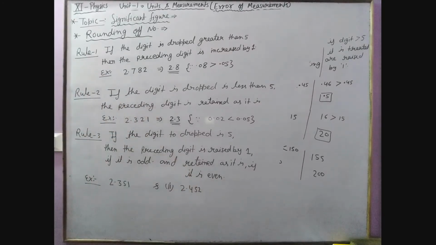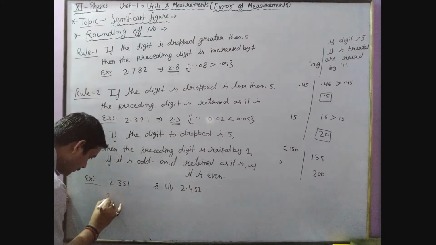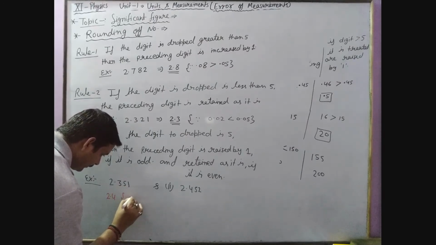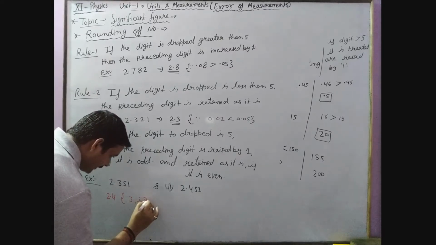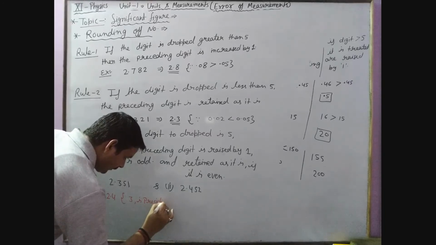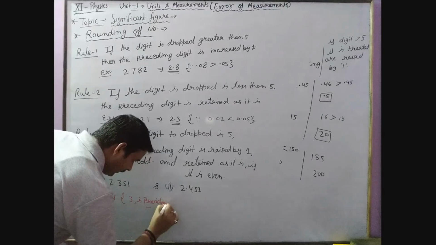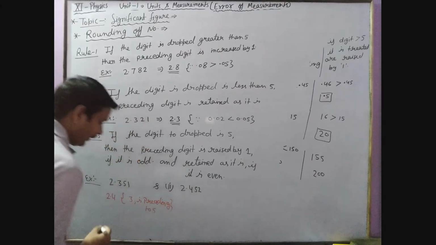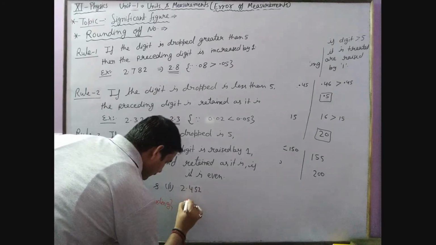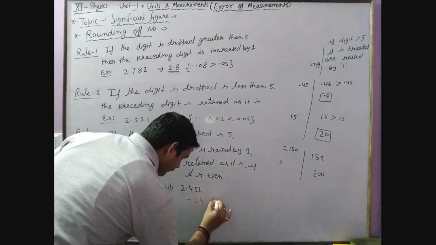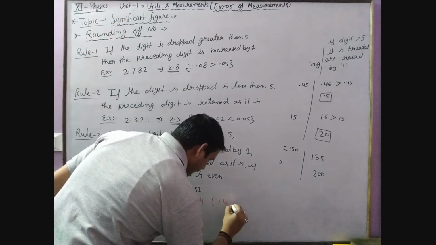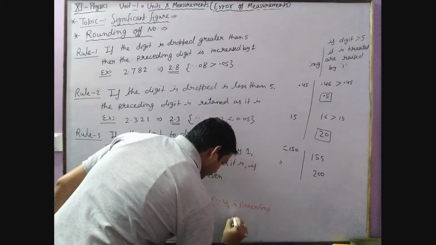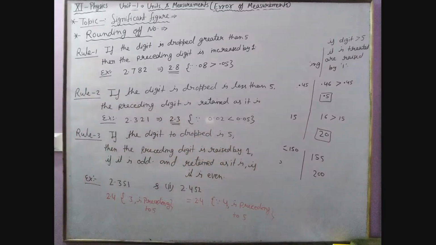Okay, so it can be written as 2.4 because before 5, 3 is preceding to 5, and here 2.4 because 4 is preceding to 5. So it is very important result.